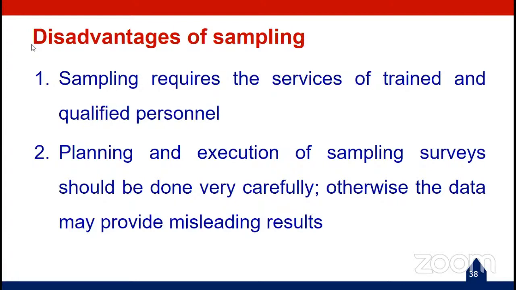One participant has asked, in an RCT, there are 250 colleges in urban and rural areas, how to select the students? You need to decide whether you will go for a cluster randomized study or an individual randomized study.